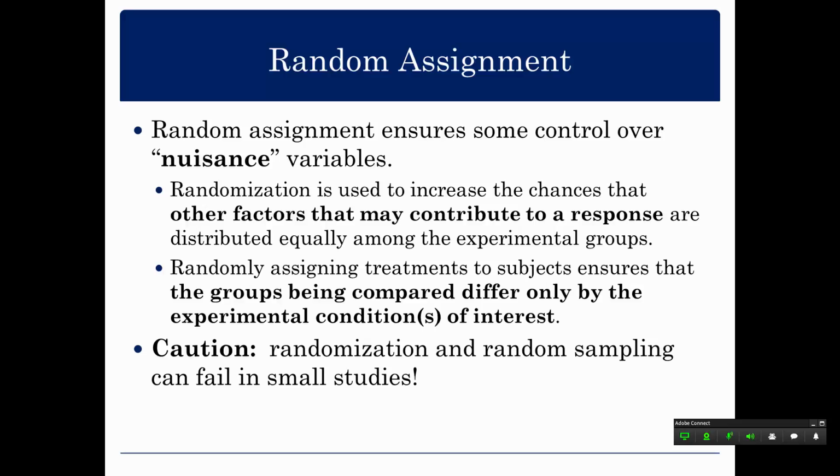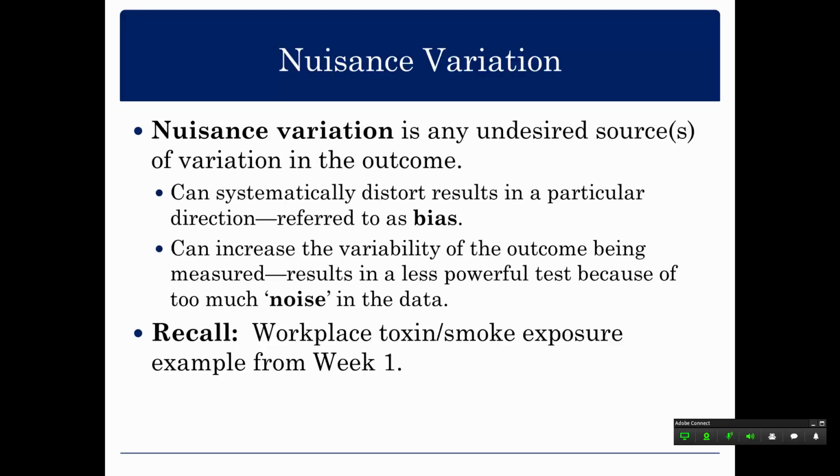Nuisance variables are any undesired sources of variation in the outcome. And these nuisance variables can systematically distort the outcome in a particular direction, which was the example that I gave, where if a woman smokes while she's pregnant, she is causing problems for her female fetus, in the form of prolonged time to conception for that future mother, a generation down.